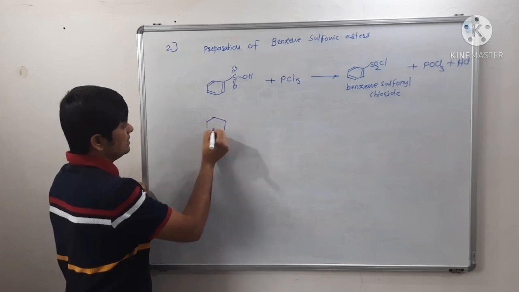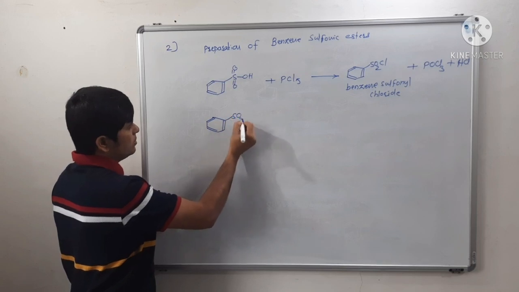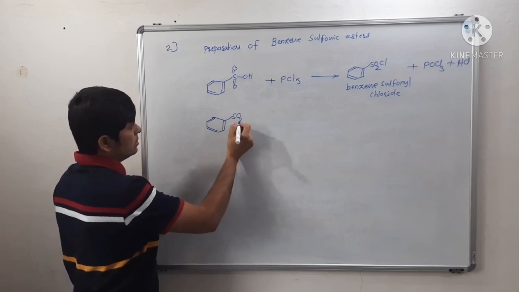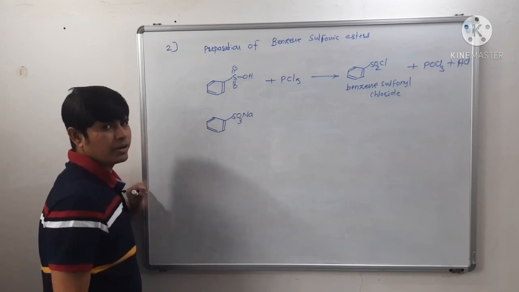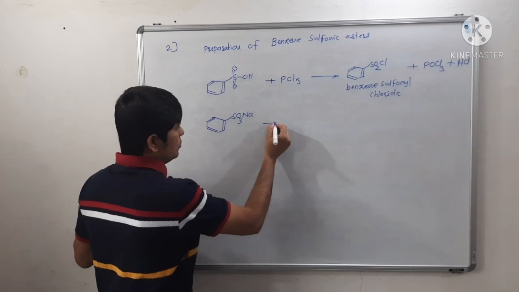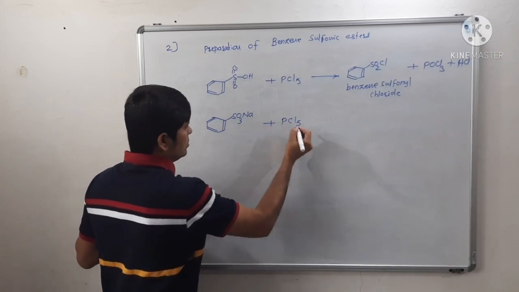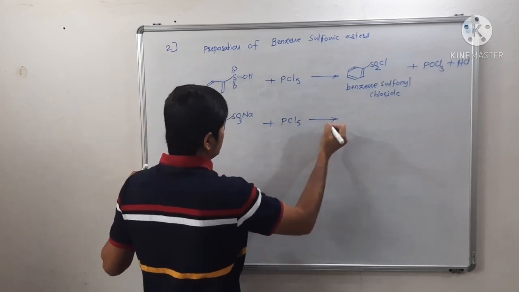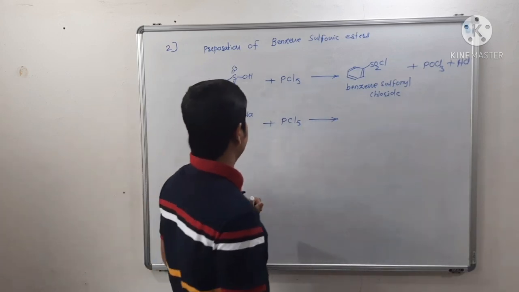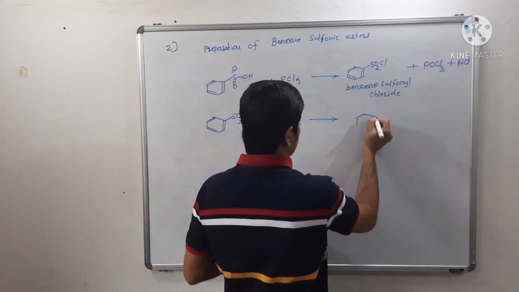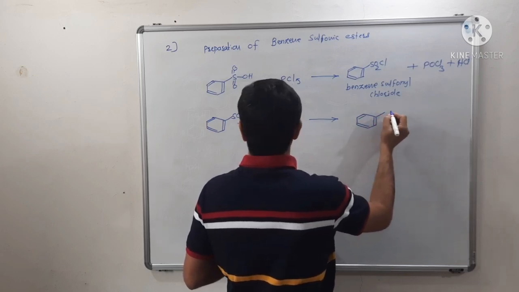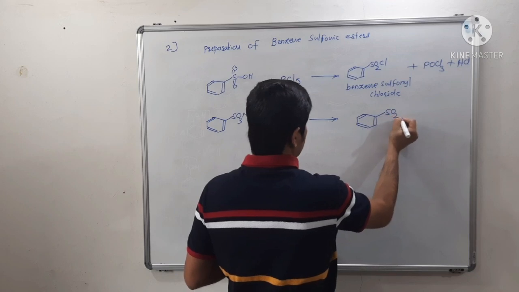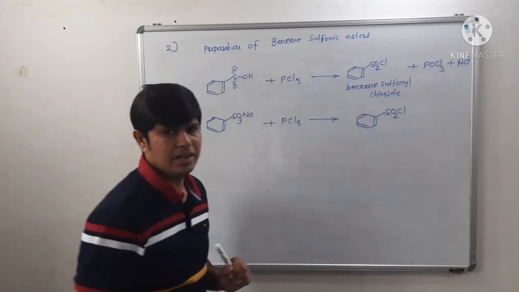Similarly, if we react the sodium salt of benzene sulfonic acid, that is sodium benzene sulfonate, with PCl5, what will we get? Here also we will get benzene sulfonyl chloride.